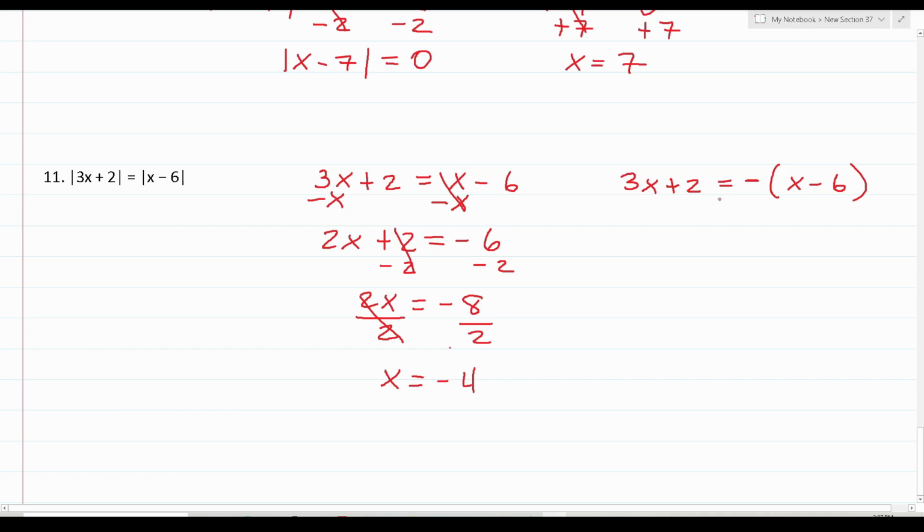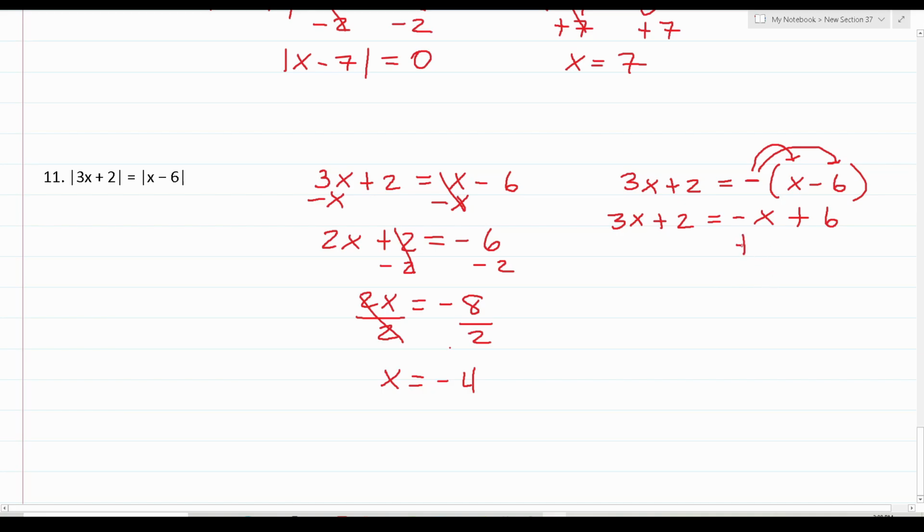All right, let's work on solving this one now. The first thing you want to do is take this negative and distribute it here and here. So we have 3x plus 2 equals negative times positive x is negative x. Negative 1 times negative 6 is positive 6. Let's go ahead and keep working this one out now.